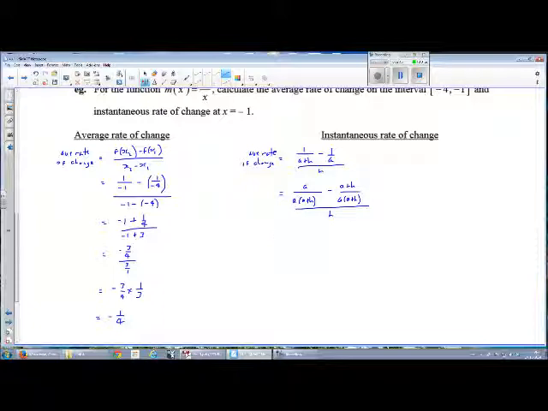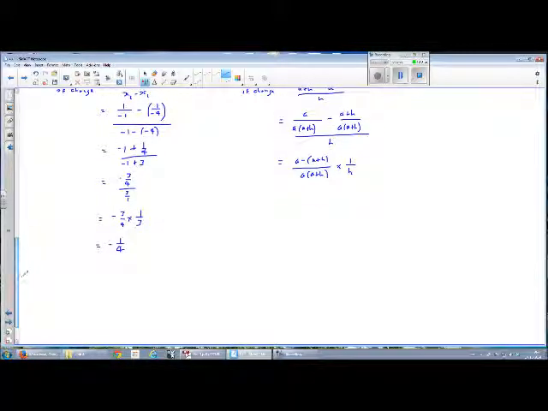So we're going to combine these. We've got a minus a plus h all over a quantity a plus h, multiplied, and I'll bring up this 1 over h here. And then I'll simplify the numerator. So we get negative h. These will disappear here.